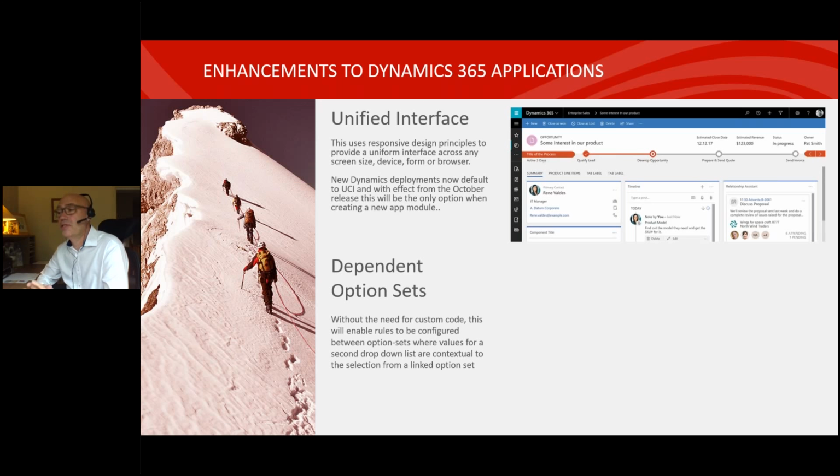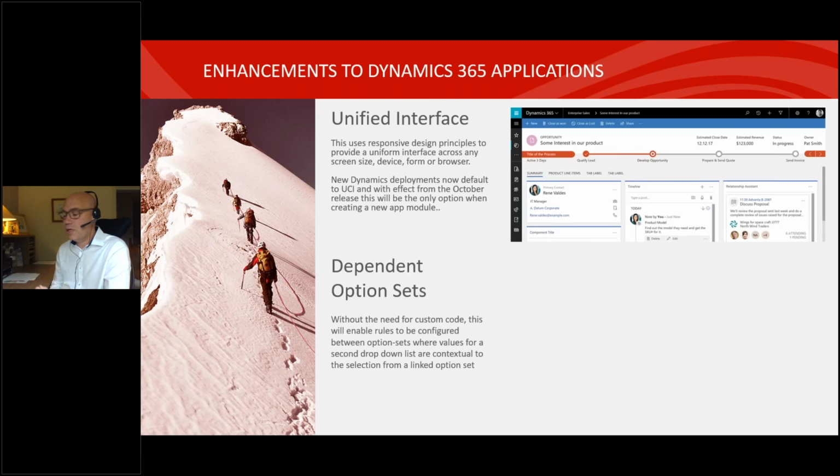One of the blockers for using the unified interface today, or actually yesterday, was that some features weren't available in it. So for example, I couldn't get any of my customers to use the unified interface because Advanced Find wasn't available. And Advanced Find is one of the killer features of Dynamics, and it's one of the things that users get excited about once they learn how to use it.